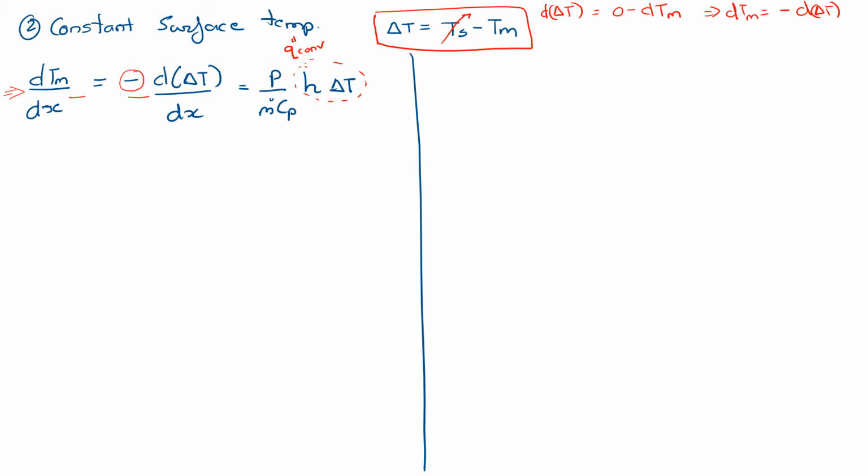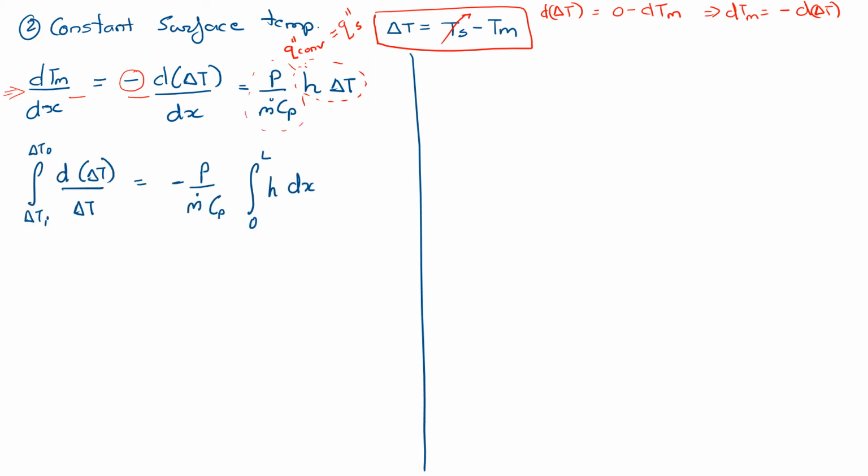In our previous problem, we had this equal to q double prime s, because we had a constant heat flux. But if you have a constant surface temperature, our flux will be denoted by h times delta T, and the remaining portion will be the same.